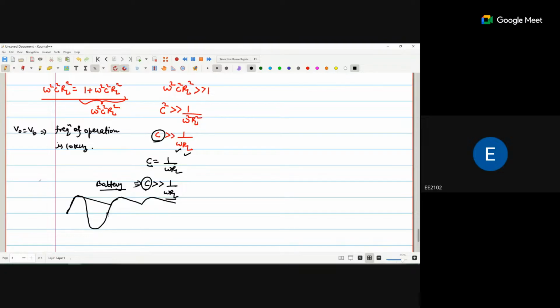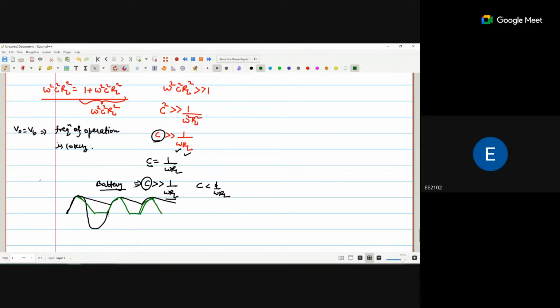If you reduce the value of C to less than 1 by omega RL, what happens in that scenario? C will be completely discharged. Then when the voltage comes, it will be charged, and again completely discharged.